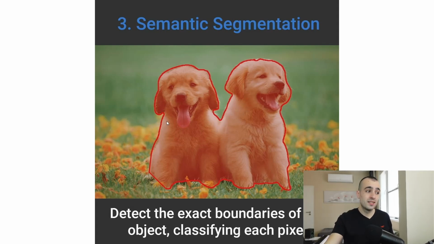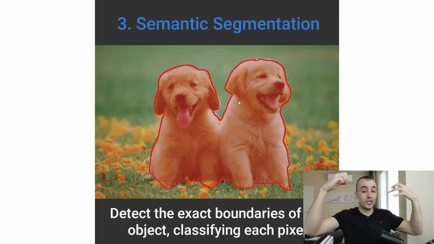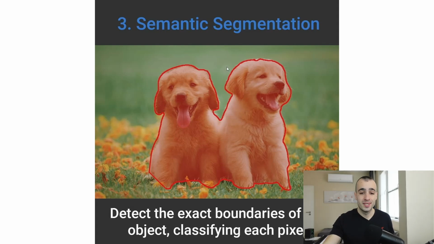In this case, we have the dogs detected, but we have also the boundaries of both dogs. But you might notice something. We don't have the dogs split between them because semantic segmentation doesn't separate the instances. So we know that there are dogs. This might be for semantic segmentation a huge dog, not separate dogs.